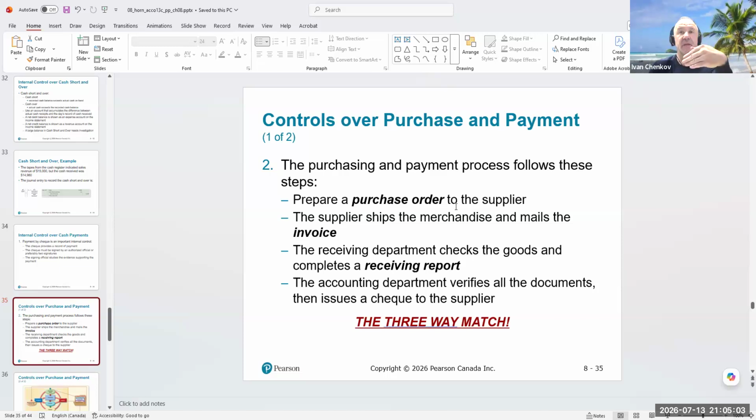Then the receiving department checks the goods, matching them with the order in the box, and prepares the receiving report. The accounting department gets the purchase order, receiving report, and the invoice, matches all 3 documents, and then does the journal entry.